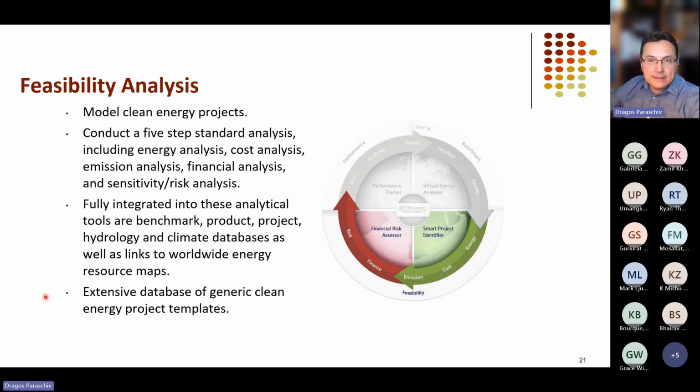Over time, the database of examples, case studies, and templates for various projects in the clean energy field, renewable energy and energy efficiency, increased with every version of the software.